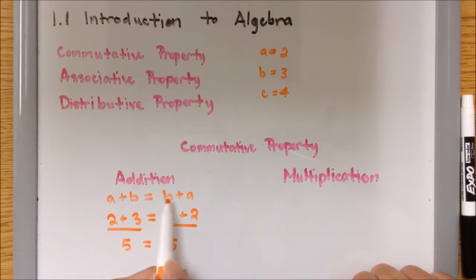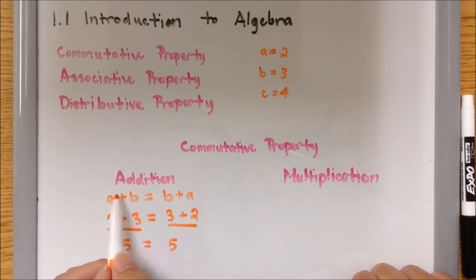But then the order was switched, B plus A, where B came first, 3 plus 2, the answer was the same, 5. So, the order does not matter, as long as the value for A, the value for B, and the value of other variables we used stay the same. For addition, the answer will be the same.